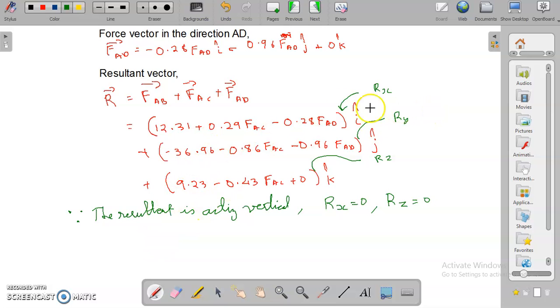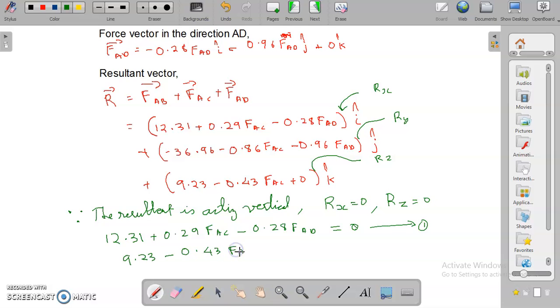That is, Rx equal to 0 implies 12.31 plus 0.29 F_AC minus 0.28 F_AD equal to 0. This is one equation. And next, Rz equal to 0 implies 9.23 minus 0.43 F_AC equal to 0. This is equation number 2.